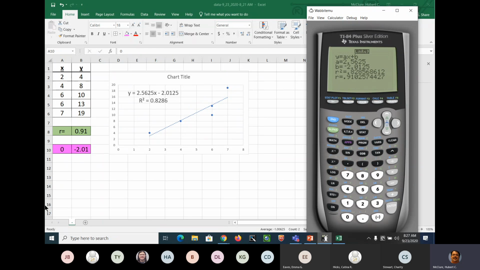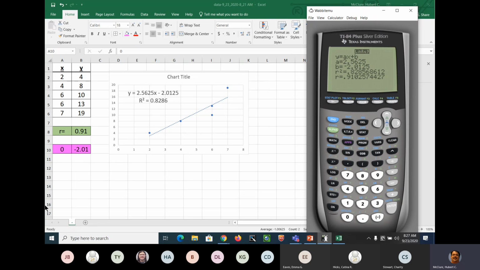So I'm going to write this information down because I've got to type all this in and the spreadsheet's not going to be up. So Y is equal to 2.5625 X minus 2.0125, and R is equal to 0.91.